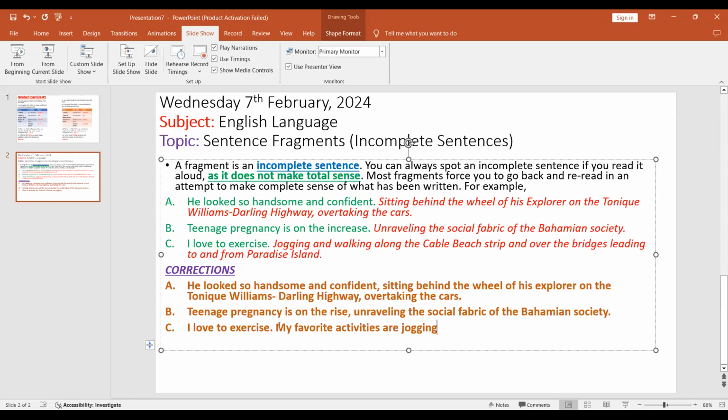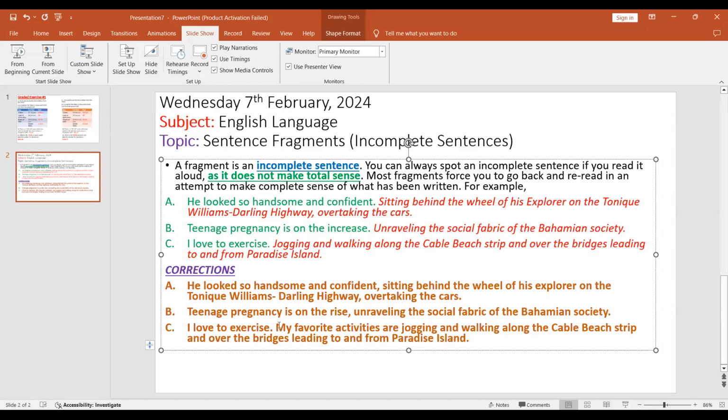So my favorite activities are jogging and walking along the Cable Beach strip and over the bridges leading to and from Paradise Island.